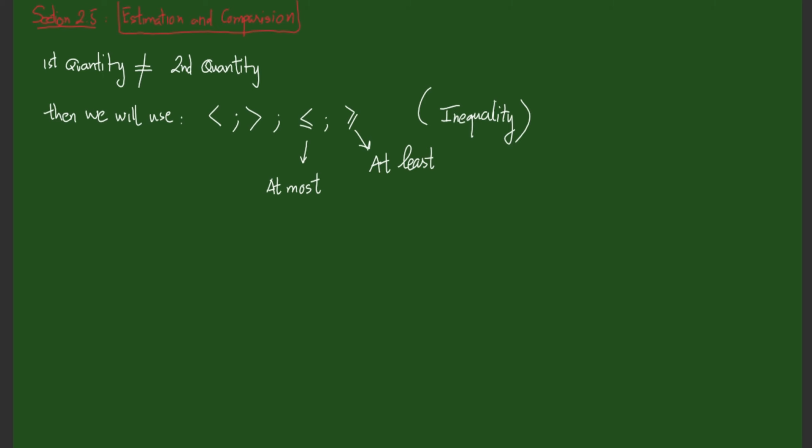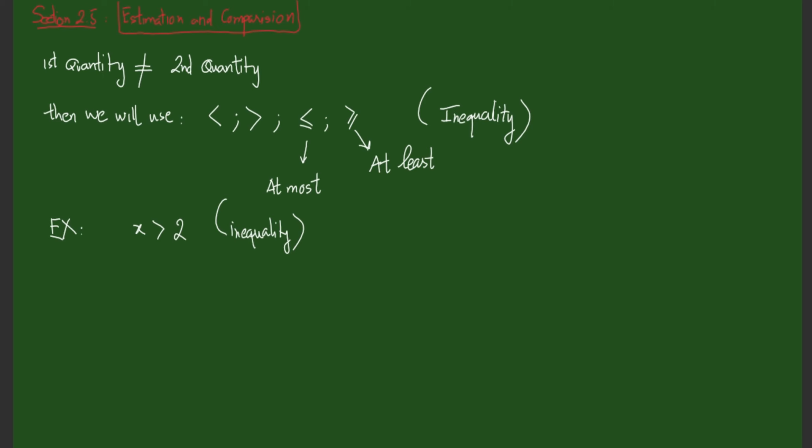Example: what if I have a variable x that is greater than 2? So this is an inequality. The variable x can be changed. This is one of the quantities, and the second quantity is 2, and because x is a variable, there are many alternatives for the value of x.